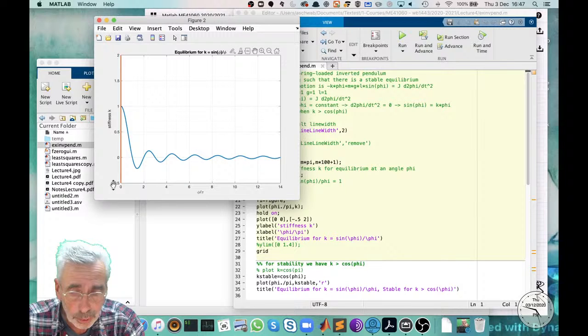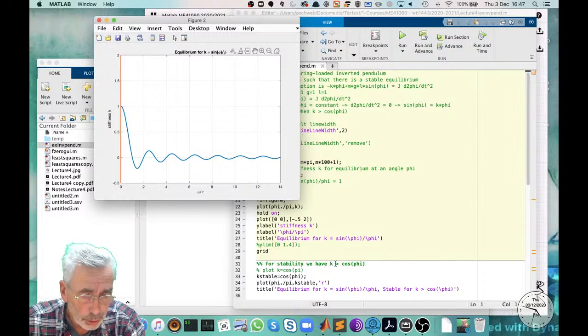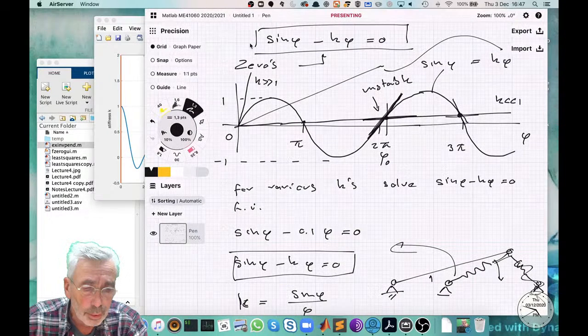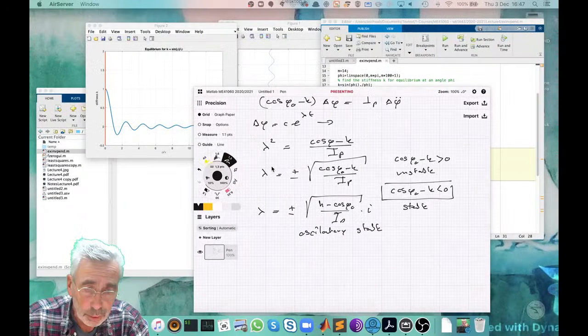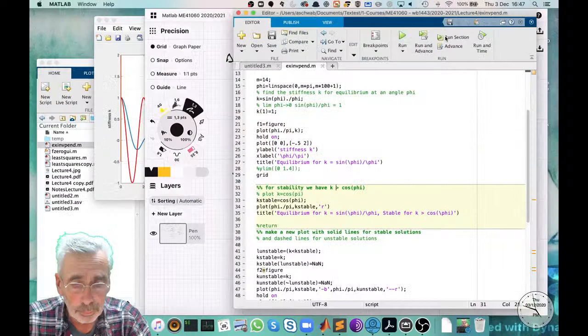That's the first part. Now we want to look at stability, so that is the second part. For stability we already found this condition in our derivatives: k larger than cosine phi. So here we go, k larger than cosine phi. Then we can plot that in our figure.